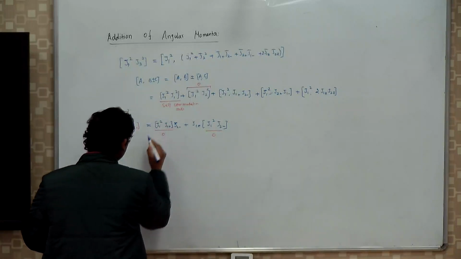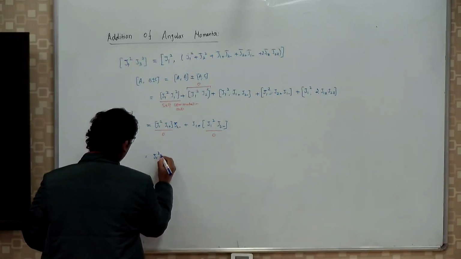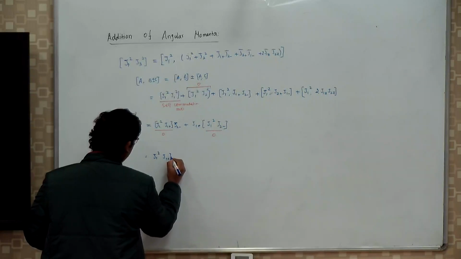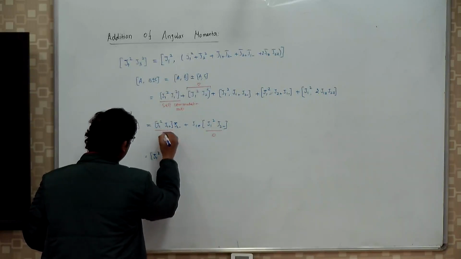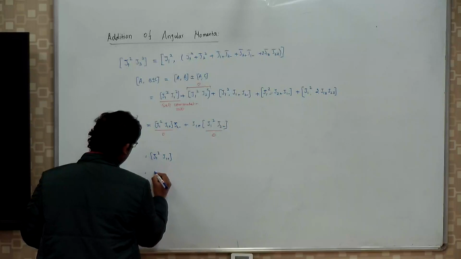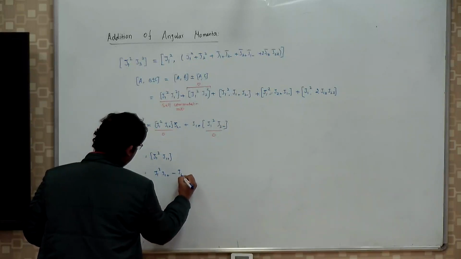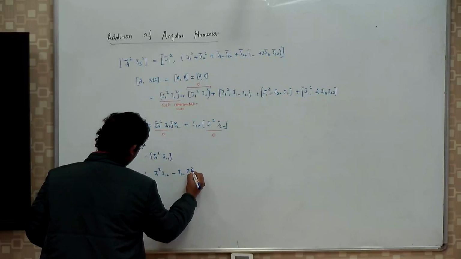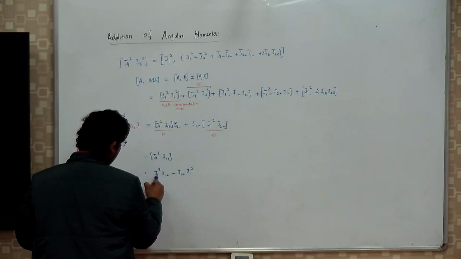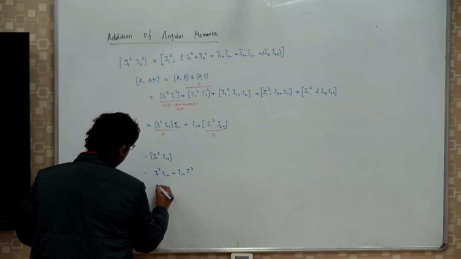So I am taking only this term J1 squared J1 plus. First verify this one. This is nothing but J1 squared J1 plus minus J1 plus J1 squared. Then J1 squared is nothing but J1 of J1 plus 1.